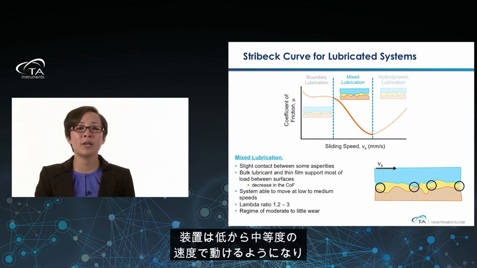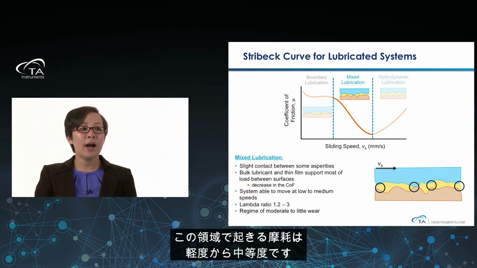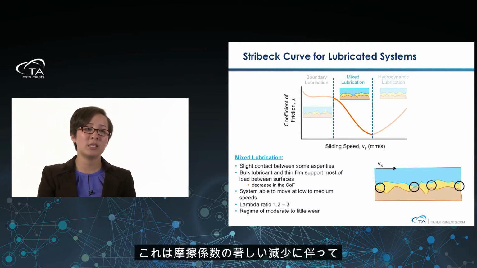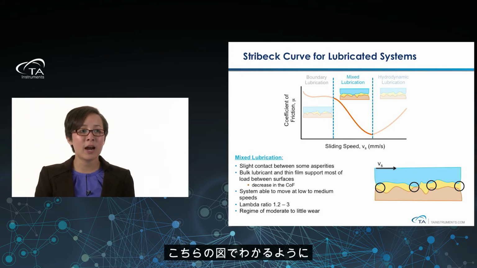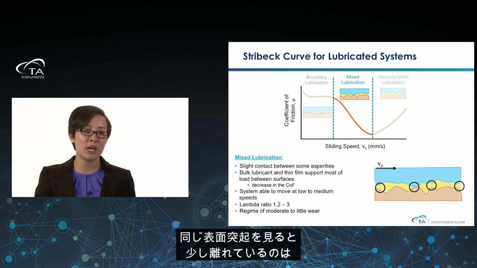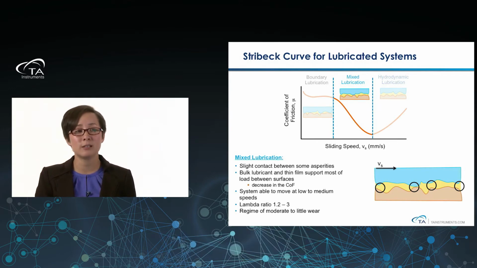Now the system is able to move at low to medium speeds, your lambda ratio is typically between 1.2 and 3, and the regime is one of moderate to little wear. This is typically seen by a big drop in the coefficient of friction, and then you'll see an increase in the sliding speed. As you can see here in the graph, if we look at those same surface asperities, now they're separated out a little bit because that thin film of lubrication is in between the surfaces.